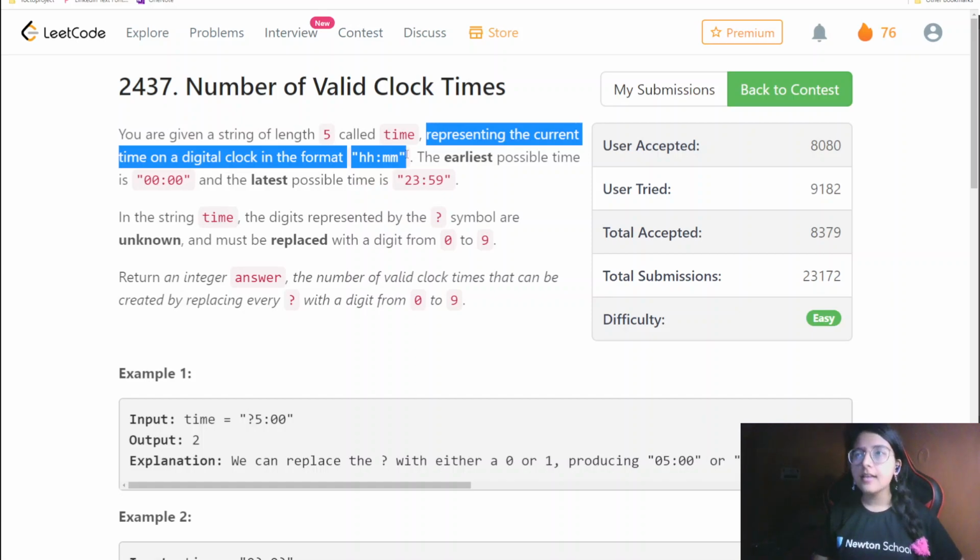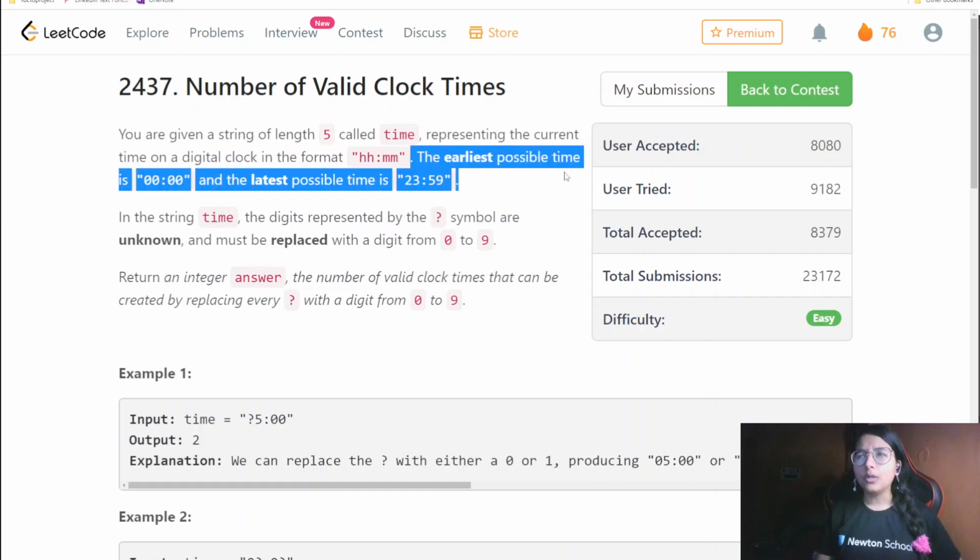The earliest possible time is 00:00 and the latest possible time is 23:59. So this is basically the 24-hour format. That's why hours go from 0 to 23 and minutes from 0 to 59, meaning 24 hours and 60 minutes.